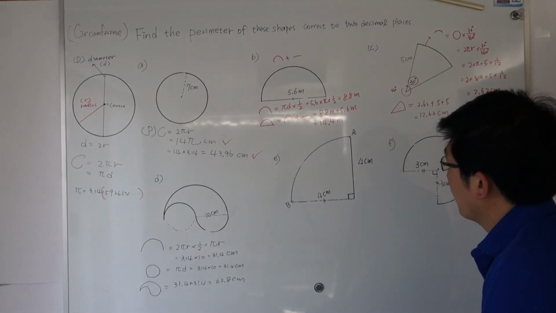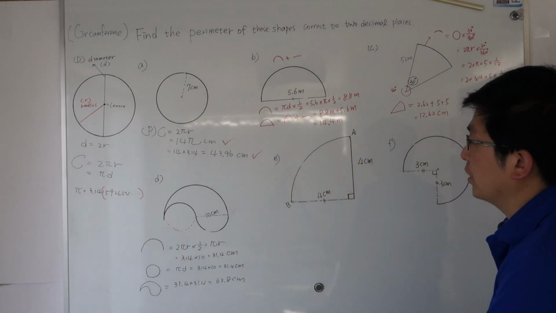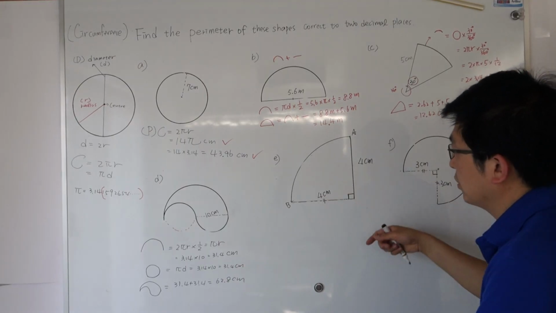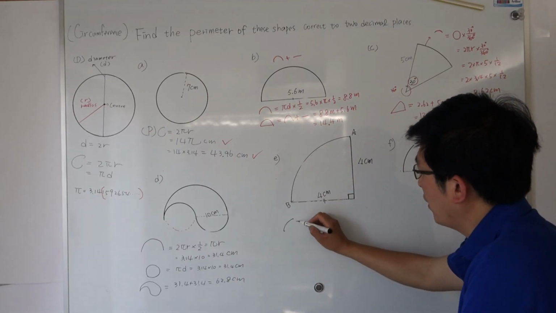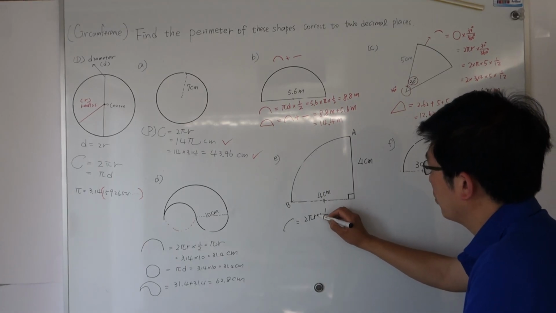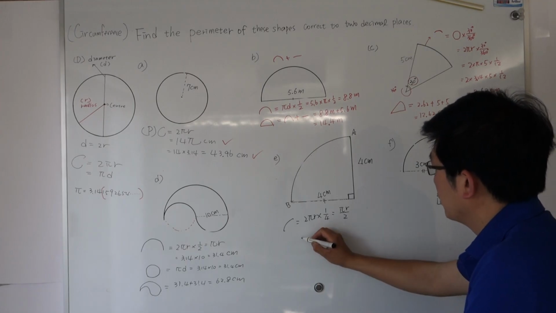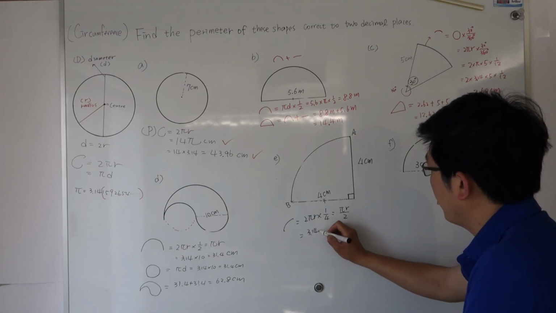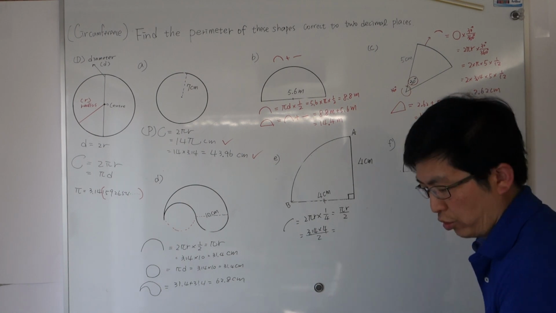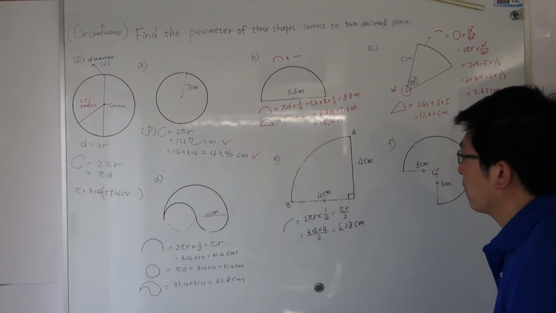Okay, here is 1/4 of the circle circumference, and 2 radius. So the quarter equals what? 2 pi r times 1/4, right? Quarter, right? So equal to pi r over 2. So equal to 3.14 times 4, the radius is 4, divided by 2. So the answer should be equal to 6.28 centimeter.